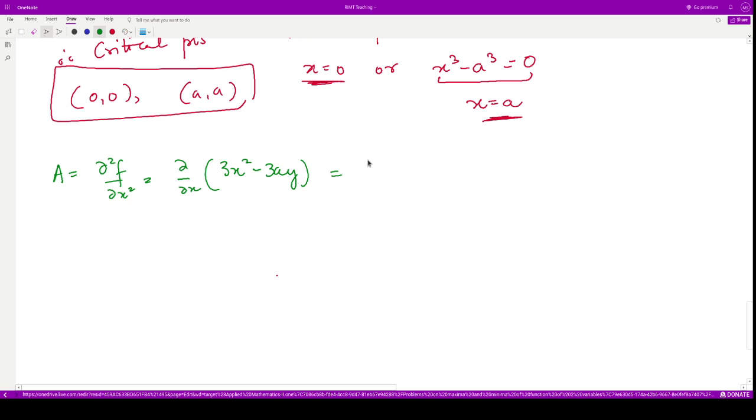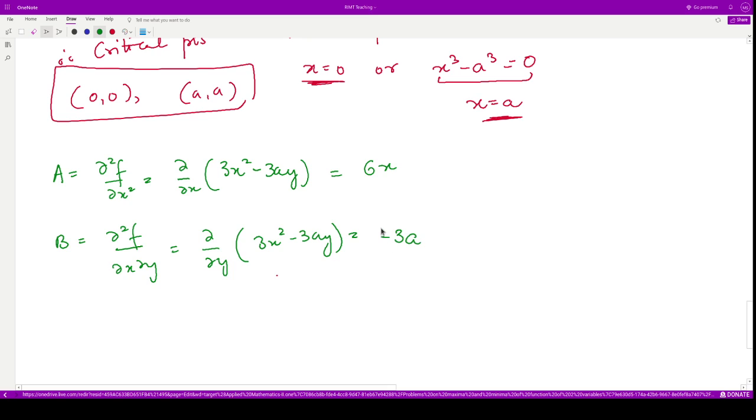When you take its derivative, it is 6x only. And b would be del 2f by del x del y. So this would be del by del y of 3x square minus 3ay. So what is this quantity? This is equal to minus 3a.